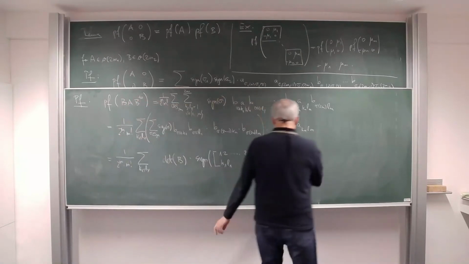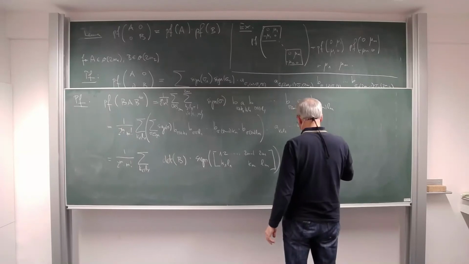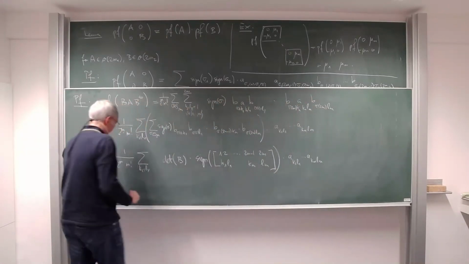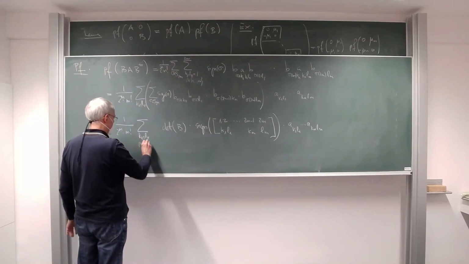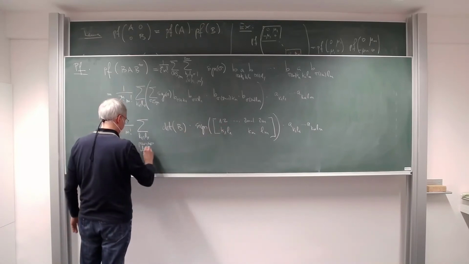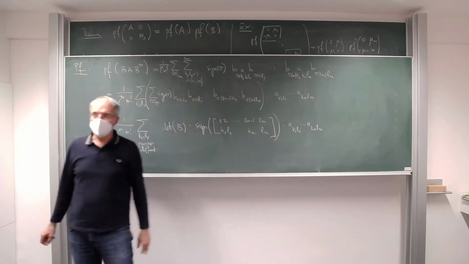And then in addition we have that. And as I said, it's sufficient to sum only over those K's and L's which are pairwise different. Otherwise this would not define a permutation. But in that case, this expression gives us 0 anyway.